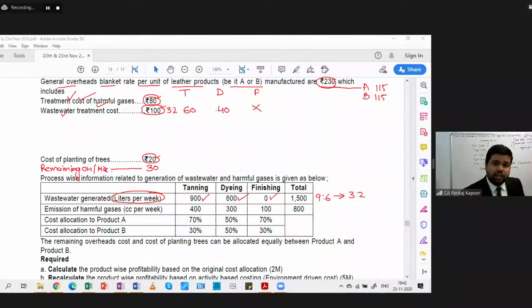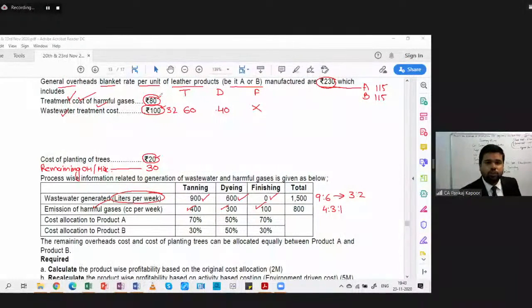Agreed? Now moving one step further. In a similar way, the treatment of harmful gases. How much harmful gas is emitted by tanning? 400 cc, by dyeing 300 cc, by finishing 100 cc. Hence, it must be allocated between tanning, dyeing, and finishing in the ratio of 4:3:1.